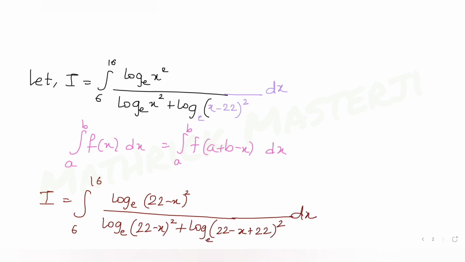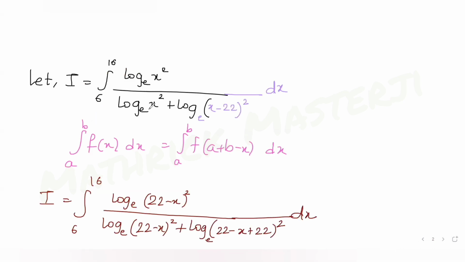Now I can write my new I with limits from 6 to 16 in terms of the previous I. It was x minus 22 the whole square, right? We already know that a minus b the whole square is a squared minus 2ab plus b squared, and b minus a the whole square is b squared minus 2ab plus a squared, so it is exactly the same.